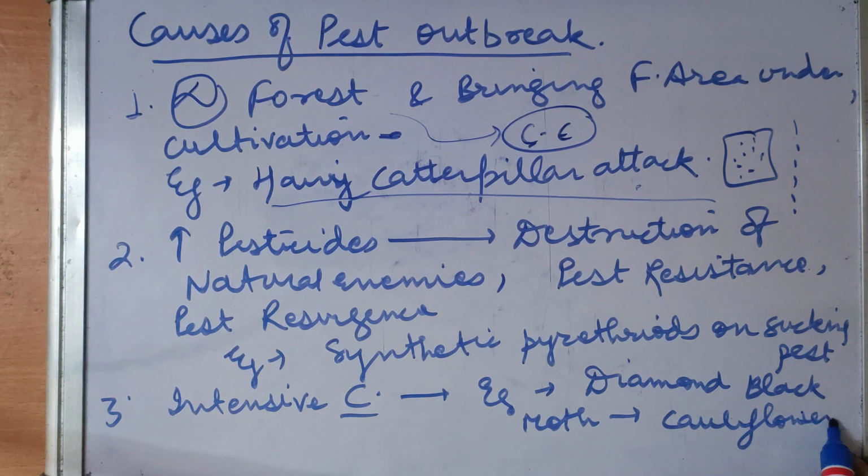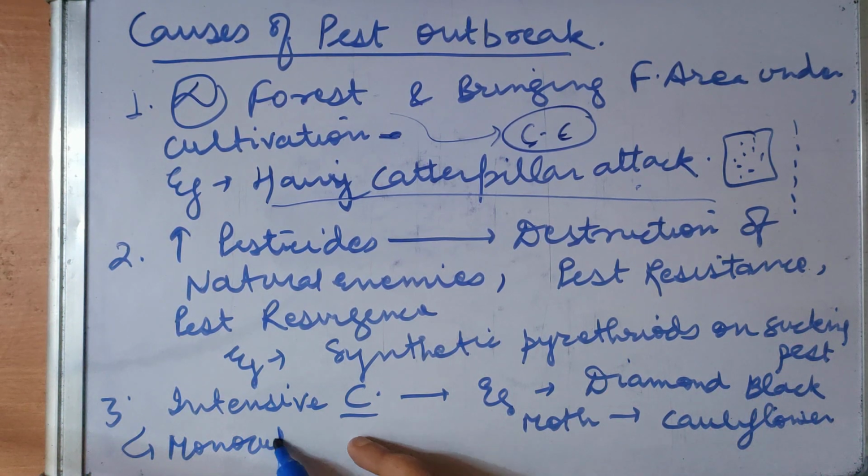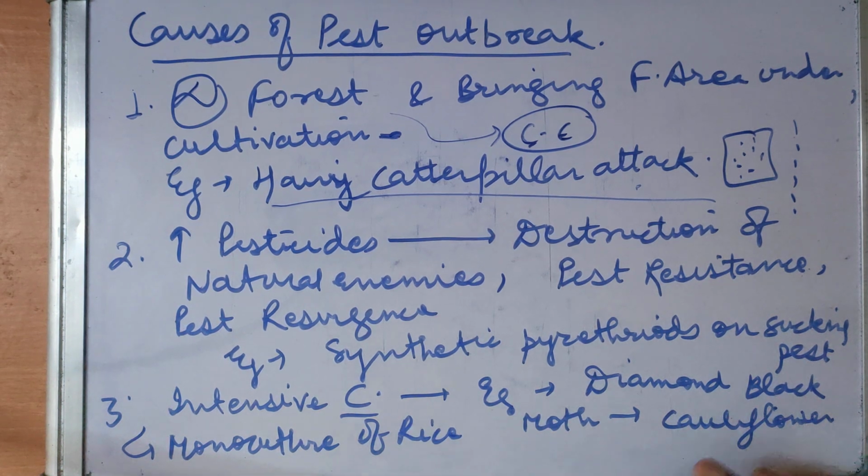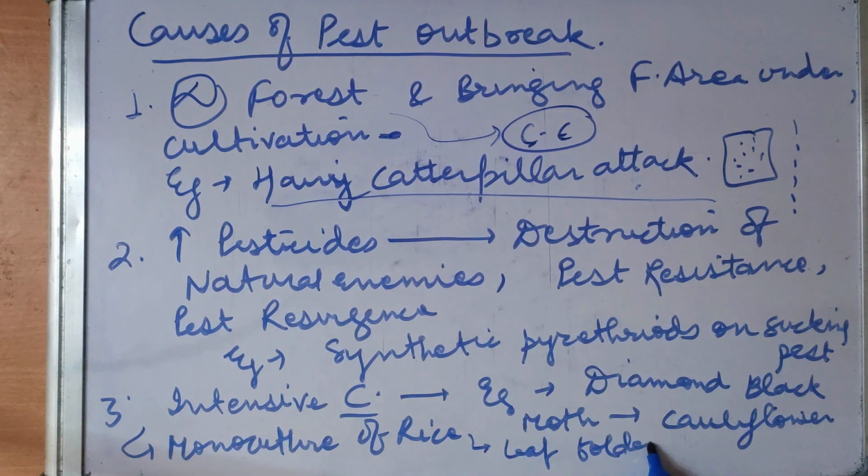This is mainly due to intensive cultivation. And also there is high monoculture of rice. High monoculture of rice leads to the outbreak of leaf folder. Leaf folder is a pest. So these are very classic examples.